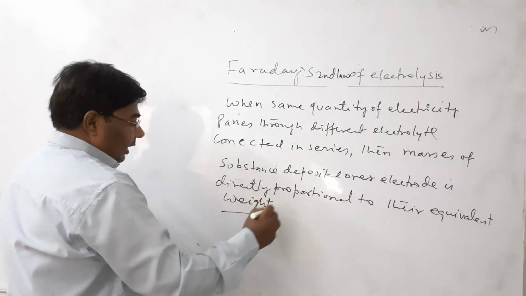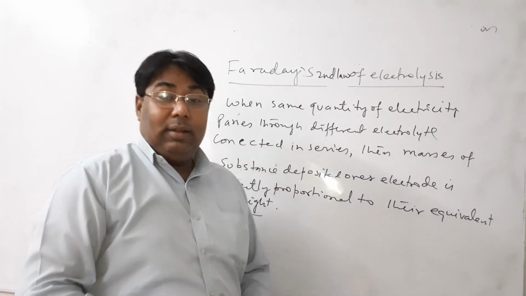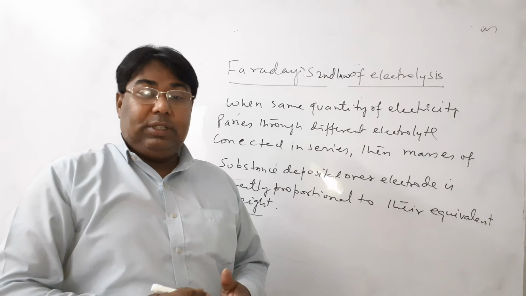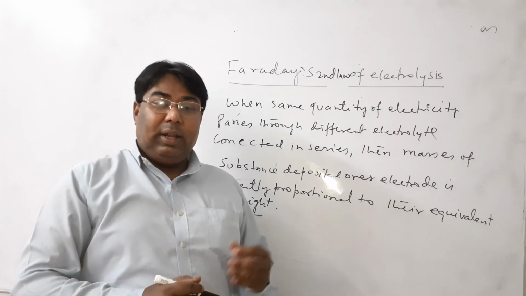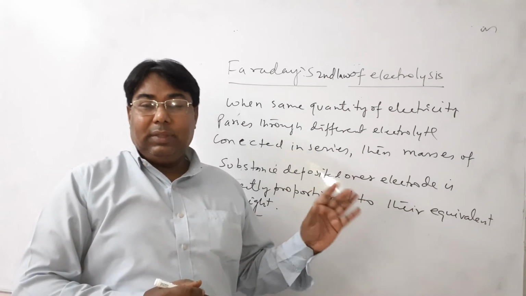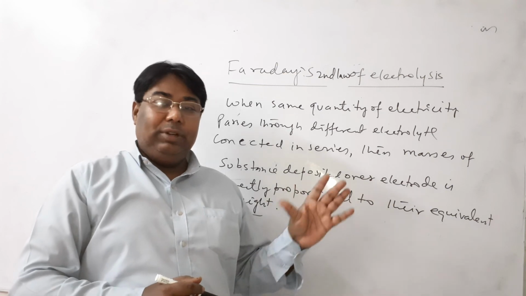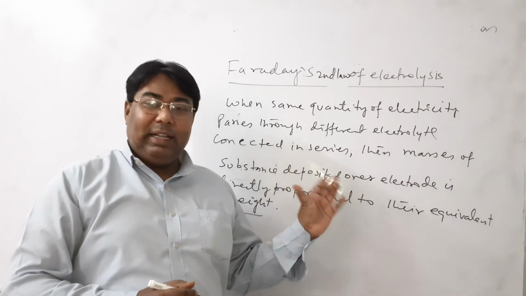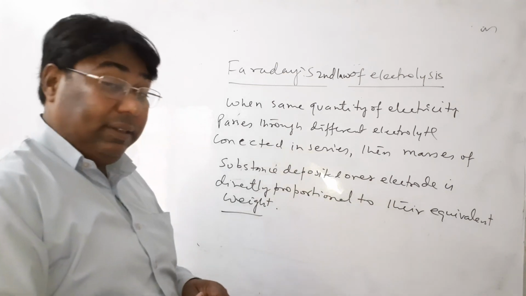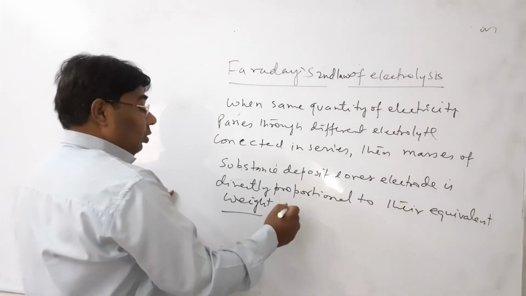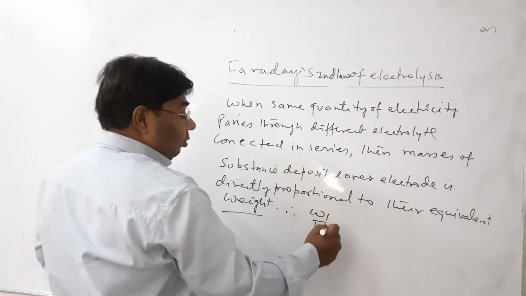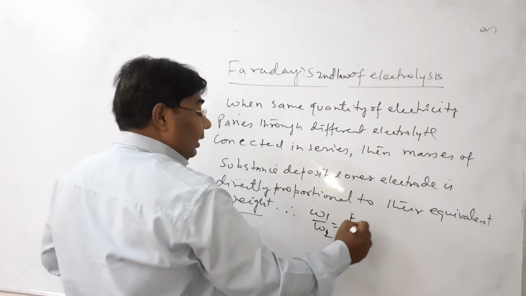Already this law has been explained in YouTube links and also during the revision classes and online classes. Several times this law was explained. So according to the law, W1 by W2 is equal to E1 by E2.